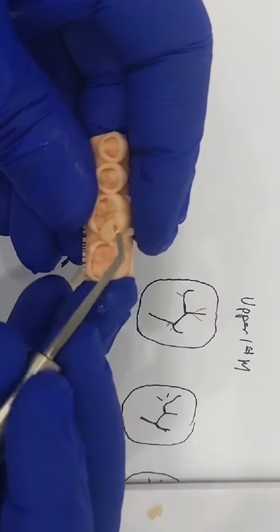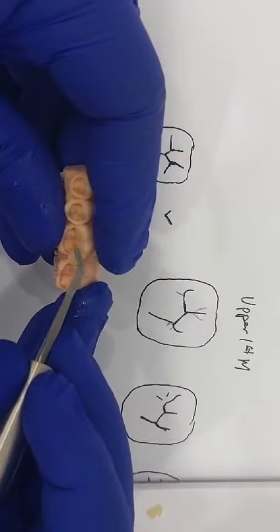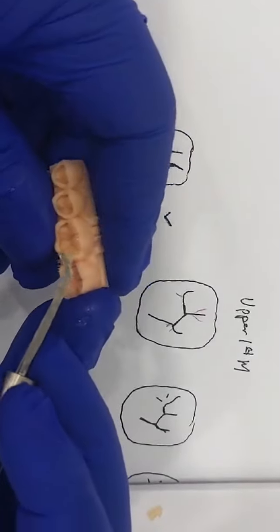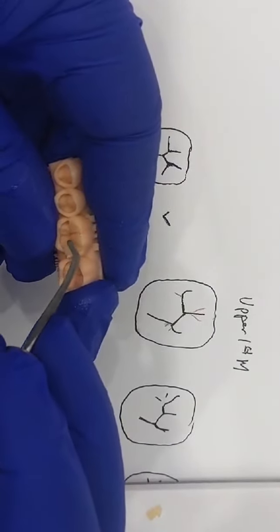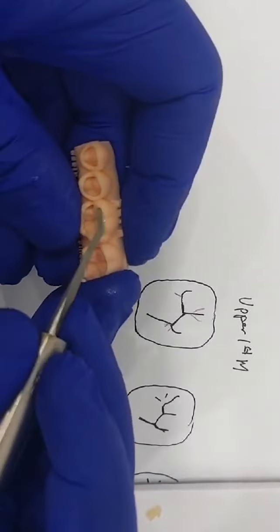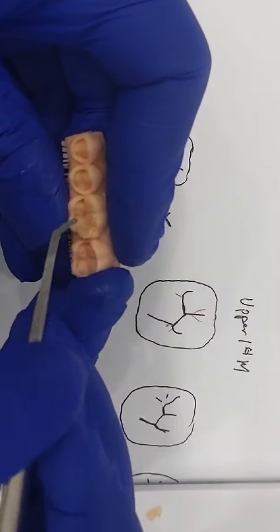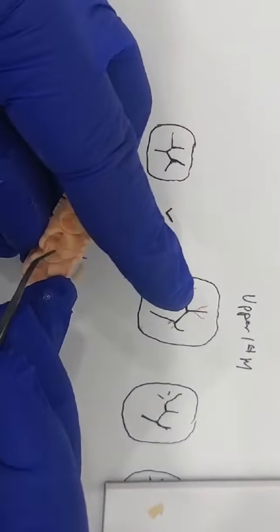I generally just do all the buccals first and then go for the lingual. So once we've had that mid-buccal cusp done, everything else is just filling in the blanks.